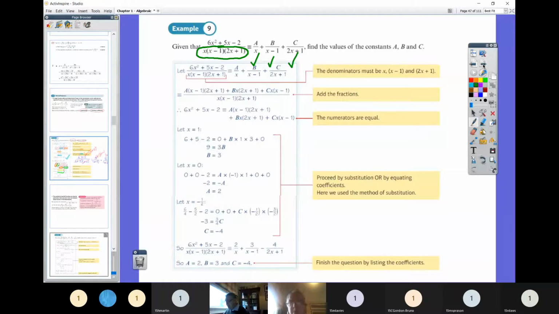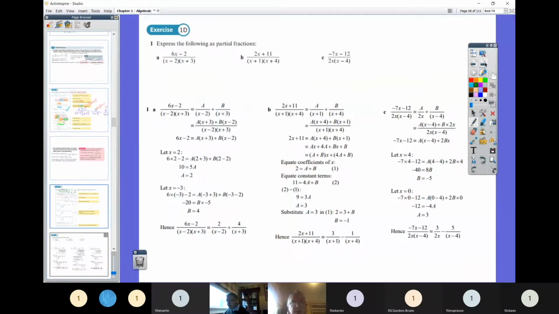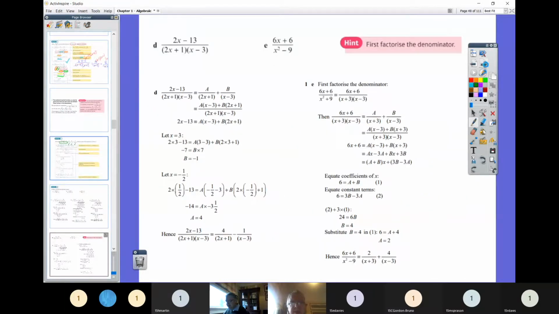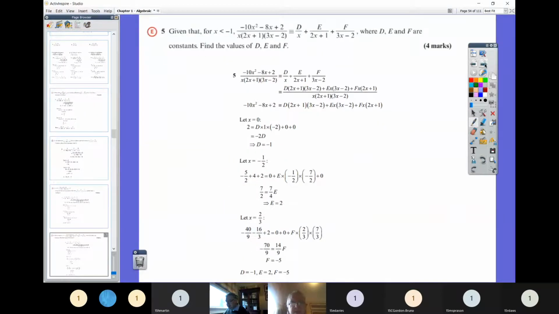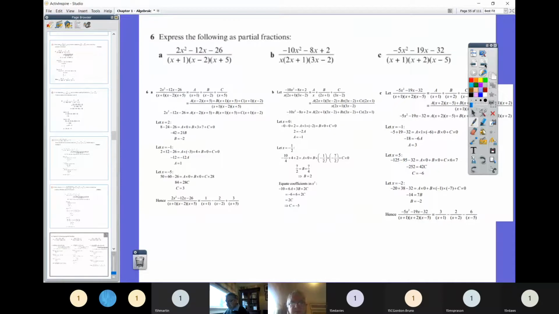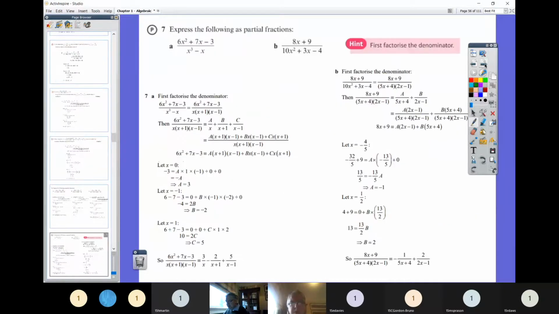Right, I would like us to work our way through exercise 1D, please. This is an important skill. I want us to get this practiced. It's quite a big exercise, so let's be a bit selective earlier on.